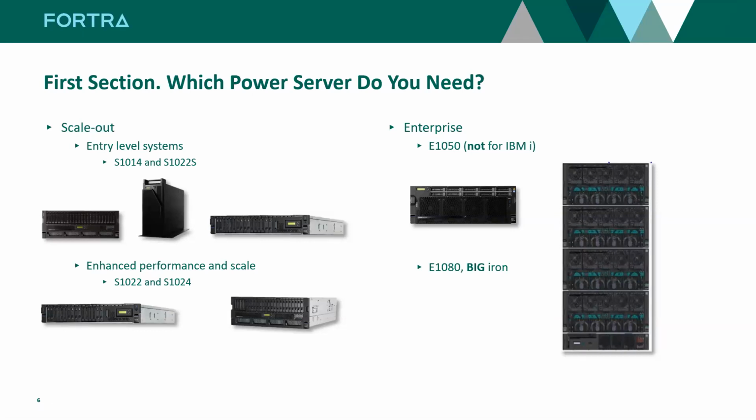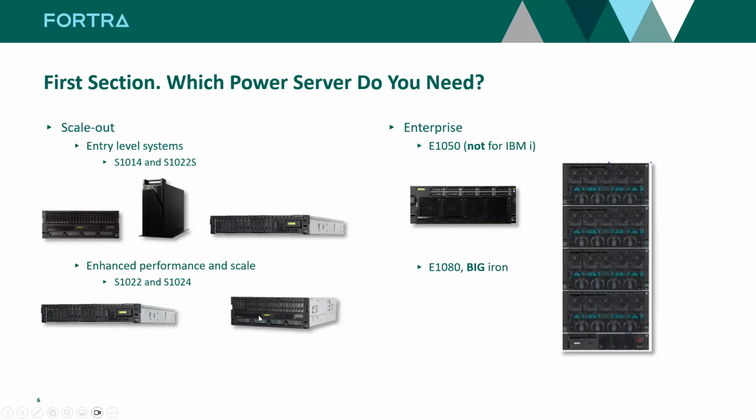It has 12, 24, 32, or 48 cores. It can grow up to 8 terabytes of memory. It has 10 I/O slots and 16 NVMe bays, but you only get 48 cores. But if you use 2 of the S1022, you get to have 80 cores, and they use the same space. This is 2U, this is 4U.